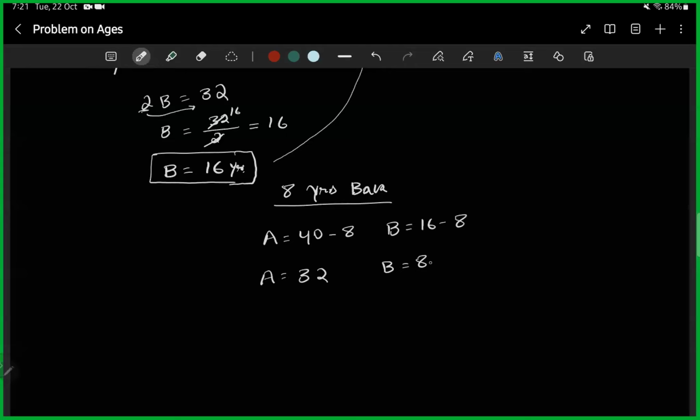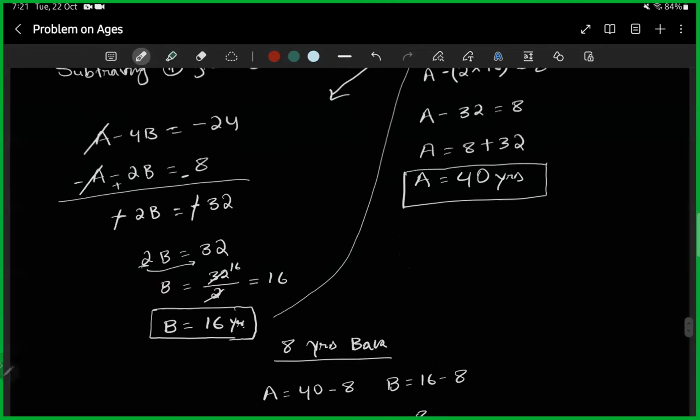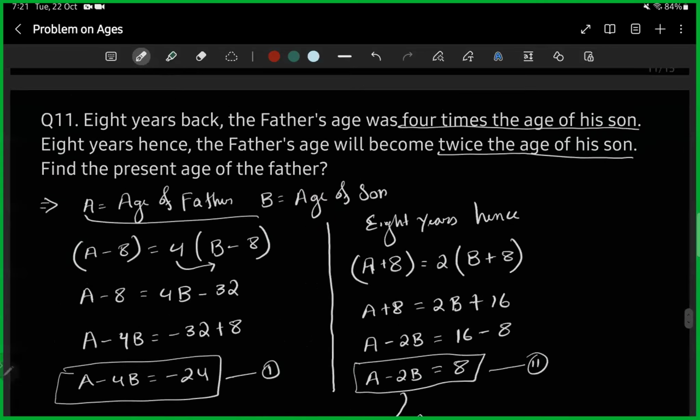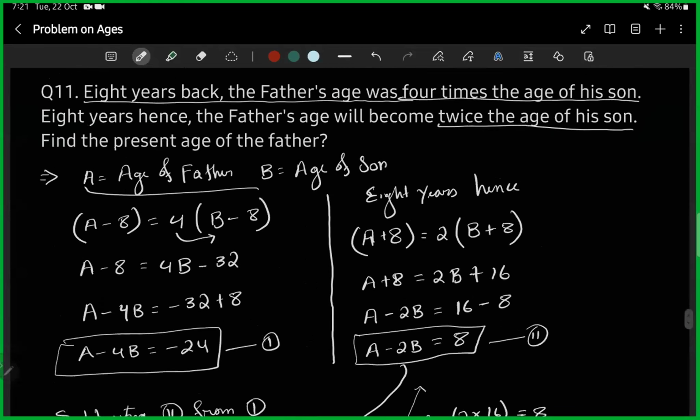If you look at these two numbers, you can write it as 4 times 8 is 32, and then 1. We're getting the ratio of 4 to 1. 8 years back, the father's age was 4 times the age of his son. So it satisfies the first condition.